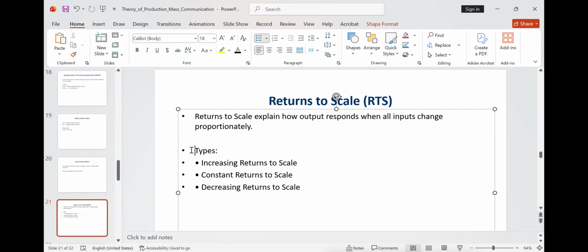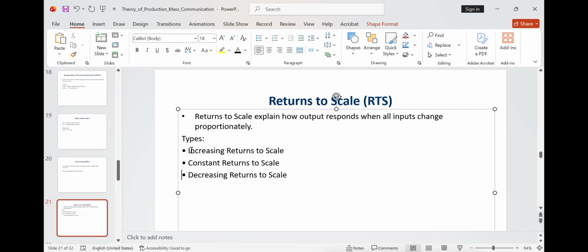So we have three types: increasing returns to scale, constant returns to scale, and decreasing returns to scale. When we talk about increasing returns to scale, we are looking at when your output is greater than your input.